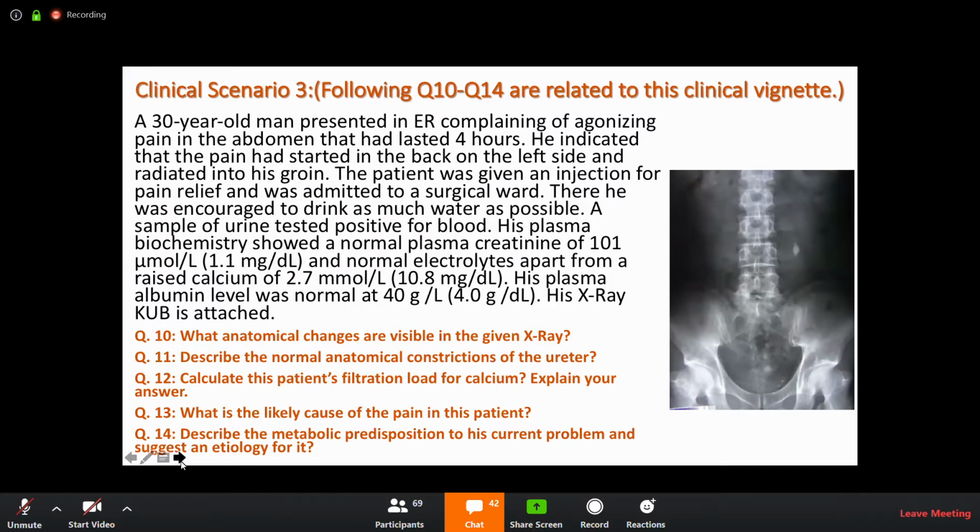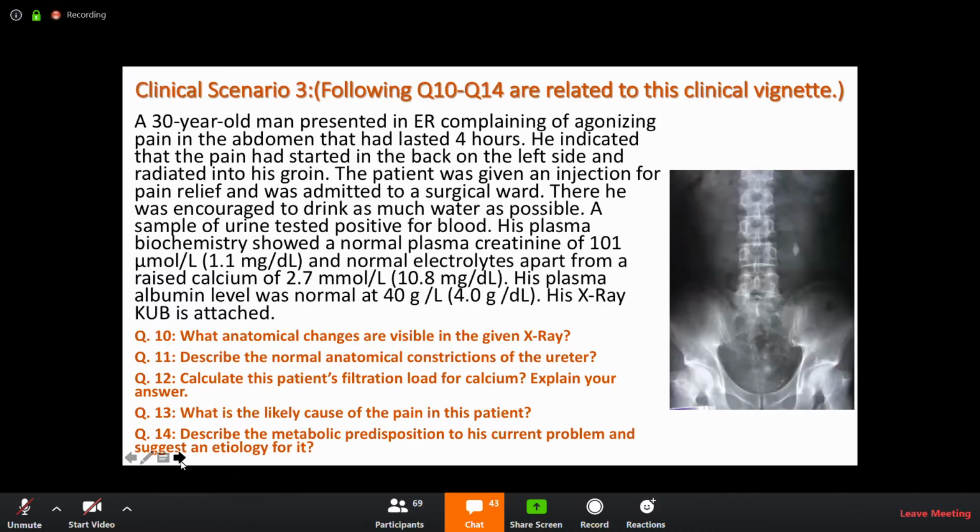His plasma albumin is normal, 40 grams per liter, and the normal is around 35 to about 50, 55.